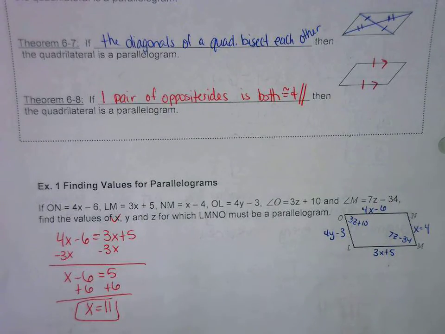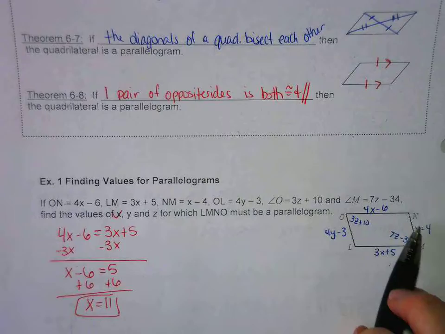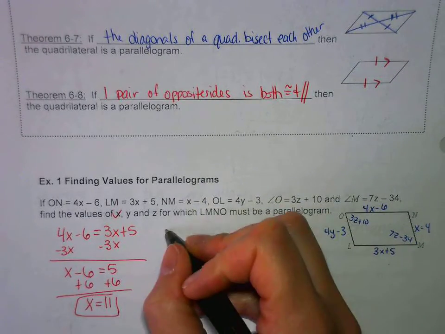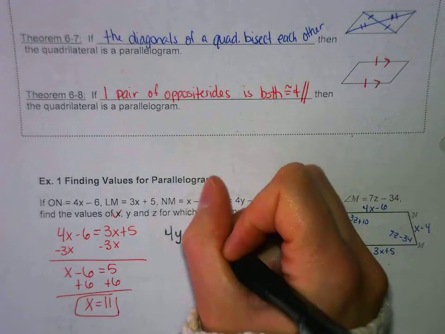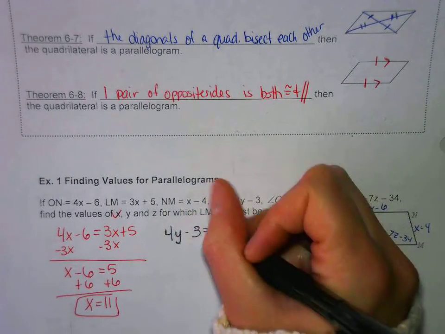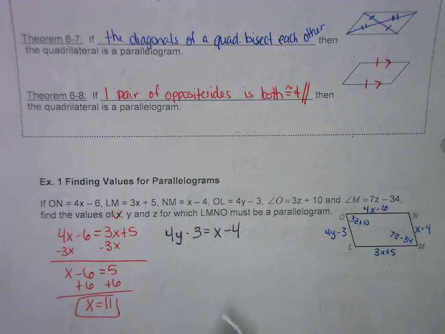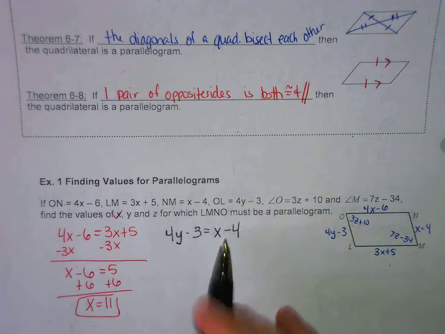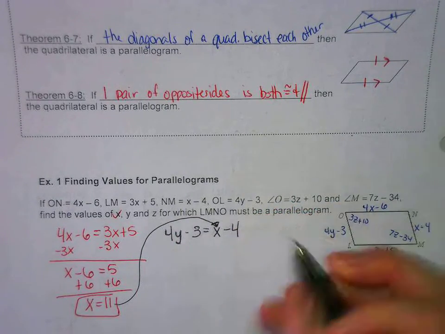To find y, I know that the length of OL is congruent to the length of NM. So that means 4y minus 3 equals x minus 4. I can't solve it yet because I have two variables. However, we just found that x is 11, so I'm going to substitute that in.